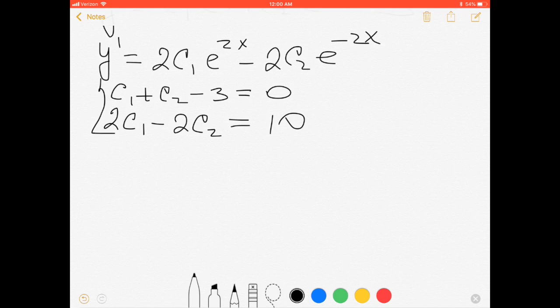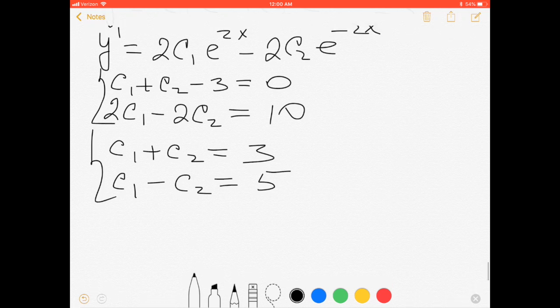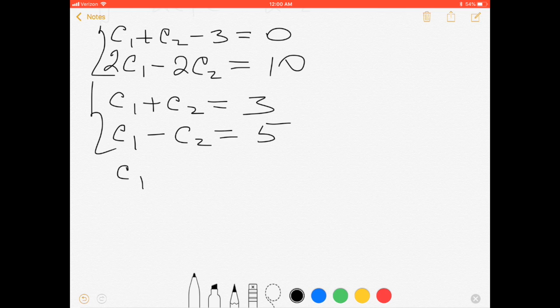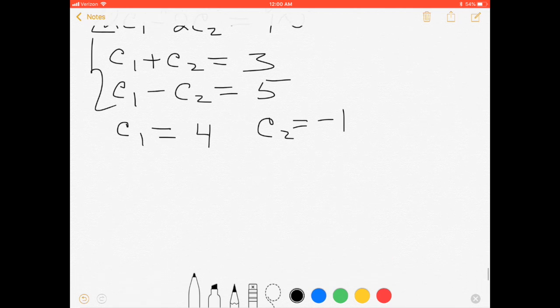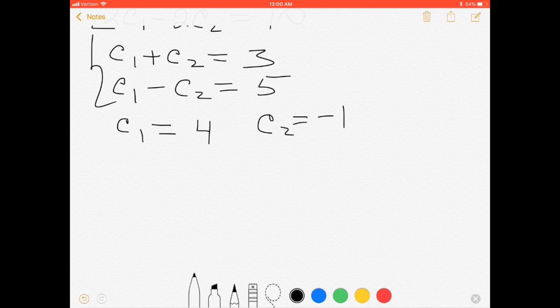Okay? c1 plus c2 equals 3. c1 minus c2 equals 5. Okay, this means c1 equals 4. This means c2 equals -1. And our solution with this initial point will be y equals 4 e^(2x) minus e^(-2x) minus 3.